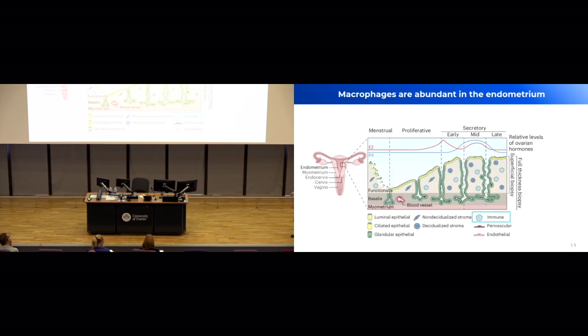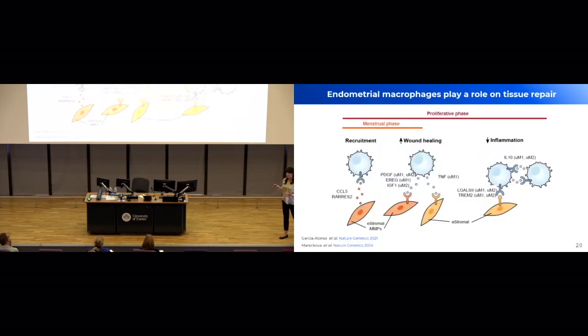So here, again following our strategy to look at the interactions within the tissue and the ligand receptors, we could also infer function for the uterine macrophages, not only defining their identity, but also pointing towards an important role for the regeneration of the tissue itself.